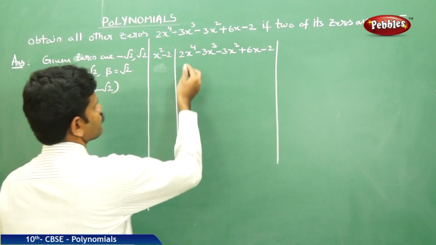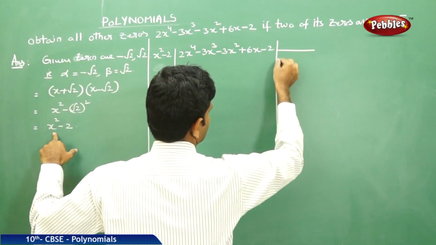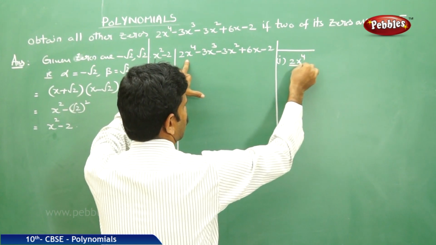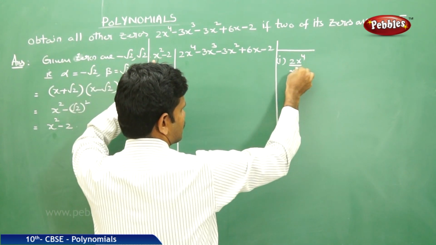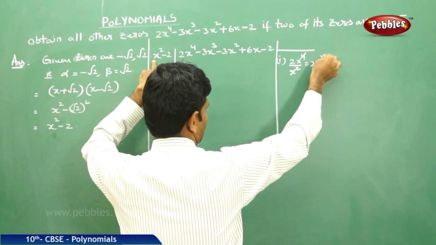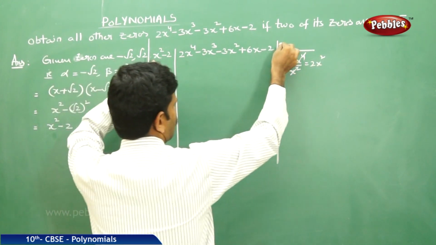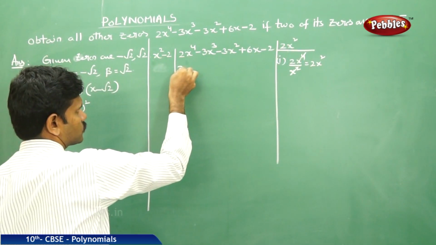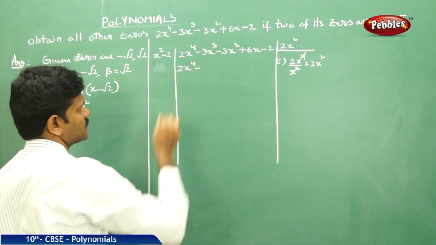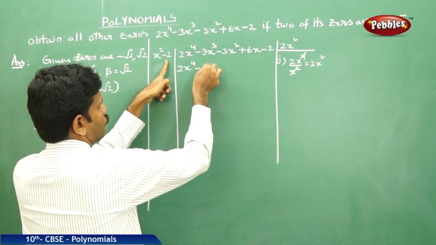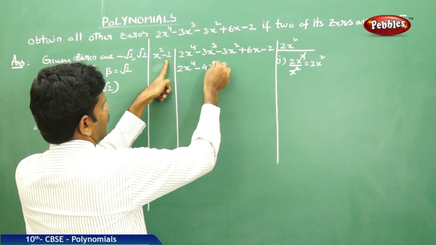That is the first cancellation. 2x to the power 4 by x square, x power 4 gets cancelled, 2x square left. 2x square into x square, 2x to the power 4, minus 2x square into 2, 4x square.